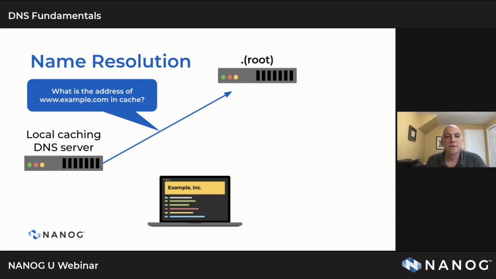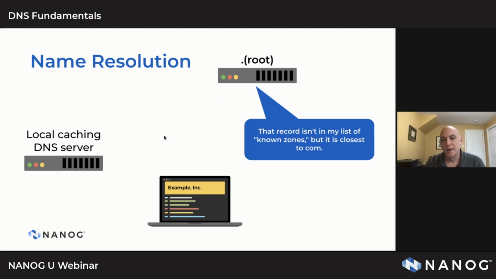Based on configuration, you can have the caching server say, I don't know about example.com, so instead of asking the root about example.com, I'm just going to ask the root about com and get the information I need, and then proceed down the chain. These are changes we've made to make the DNS better, more private, more secure, etc.